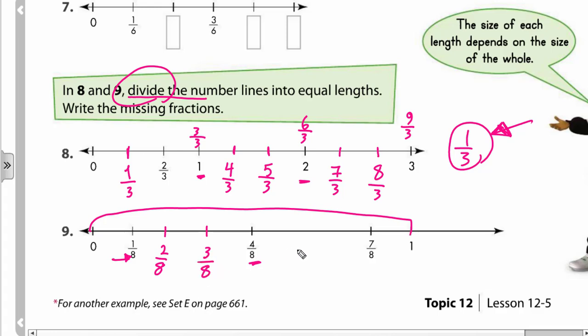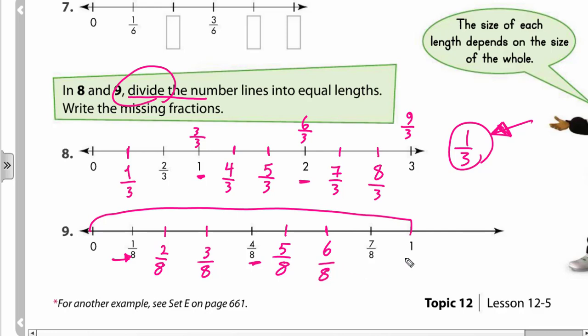3/8. Okay, 4/8, and we need between 4/8 and 7/8. How many marks? How many fractions? 2. So the first one is 5/8, the next 6/8.